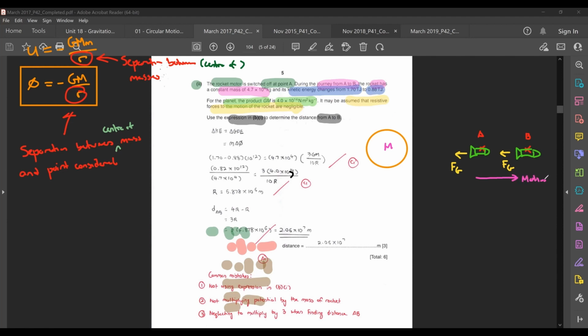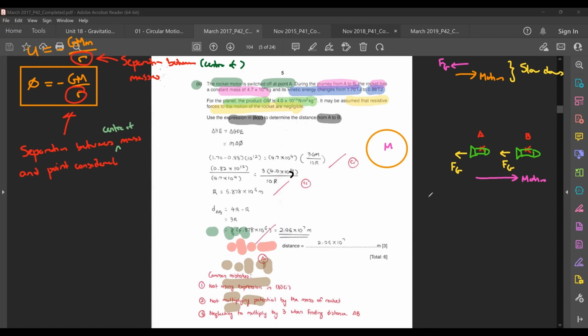Okay, so what can I say right now as my object moves from A to B? If my object moves from A to B, notice that because my motion is towards the right, but my gravitational force is towards the left, what will actually happen is that my object will actually slow down.